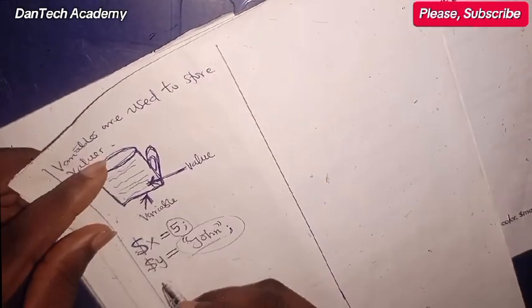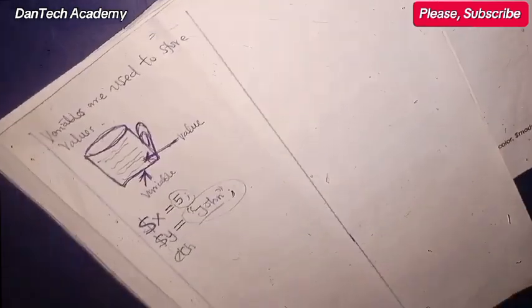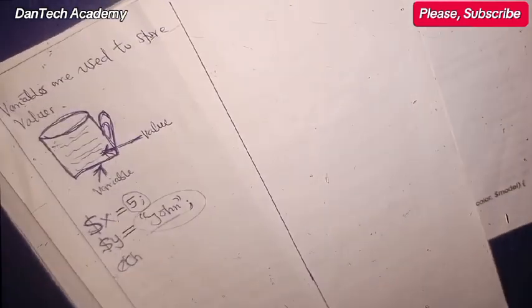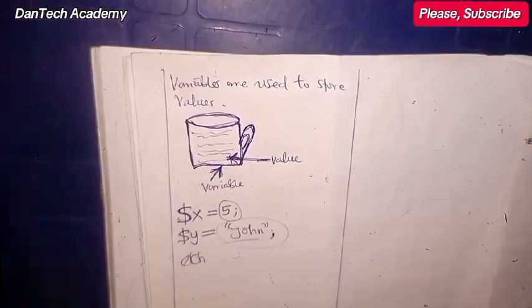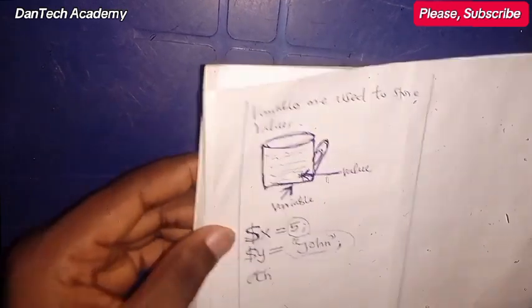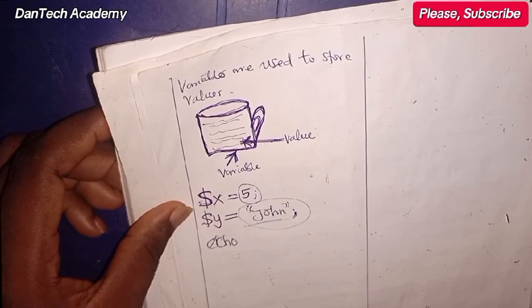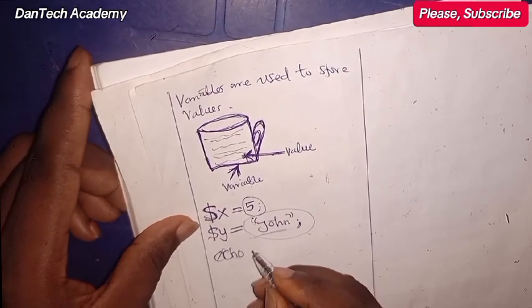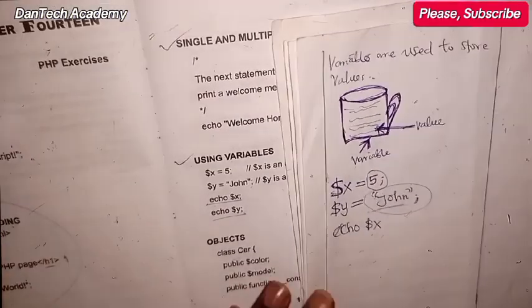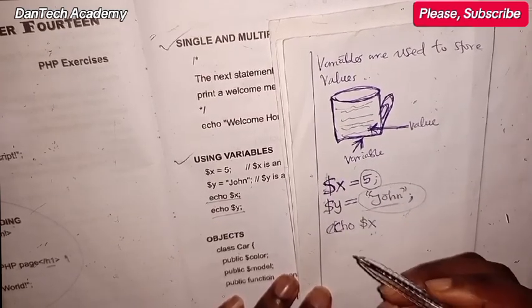If I want to echo, I will say echo $x, because I have already stored this 5 inside the variable x.